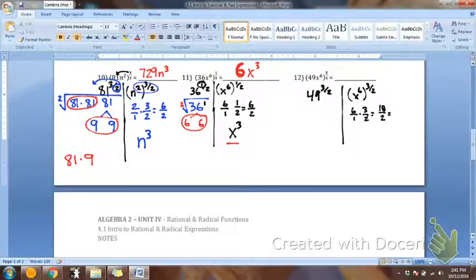X to the 9th? No, it's 6. Should be 18 divided by 2. You have 6 times 3 is 18 divided by 2.